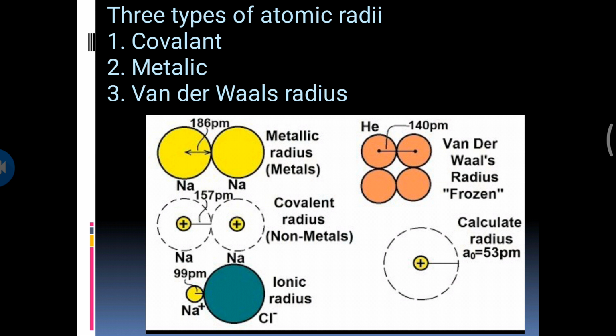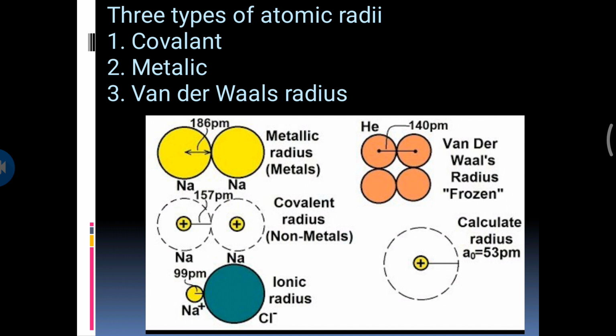In these elements the outermost electrons are negatively charged, so these electrons repel each other. Similarly the nucleus is positively charged, so the helium or neon nuclei repel.